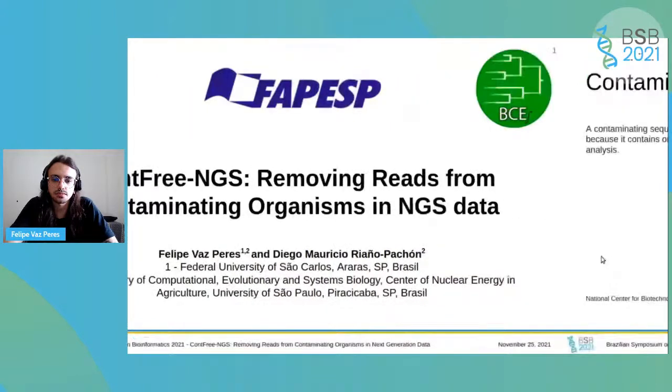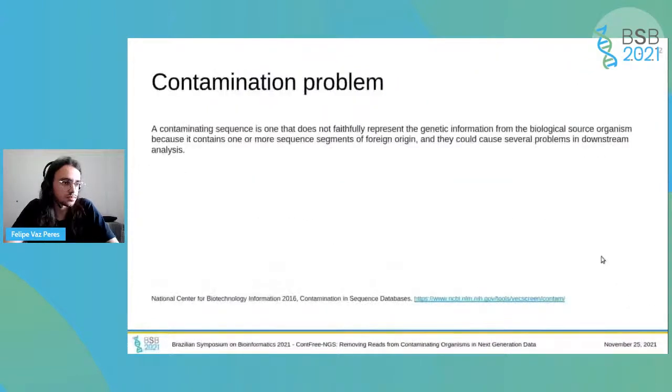So, as defined by NCBI, a contaminating sequence is one that does not faithfully represent the genetic information from the biological source organism because it contains one or more sequence segments of foreign origin, and they could cause several problems in downstream analysis.